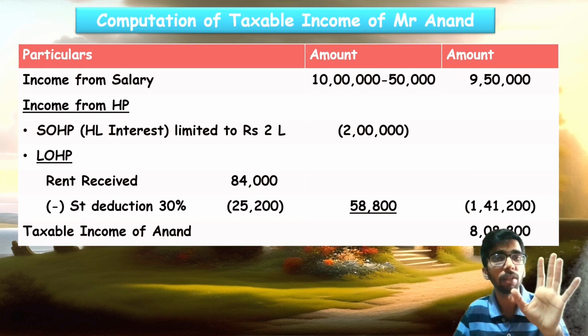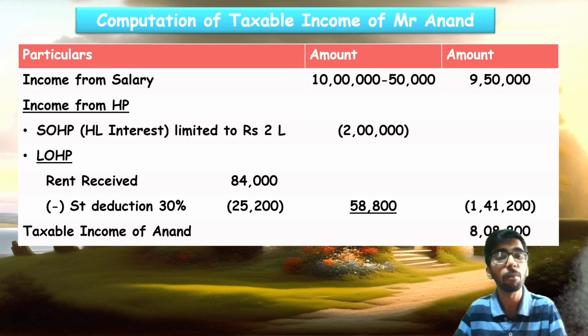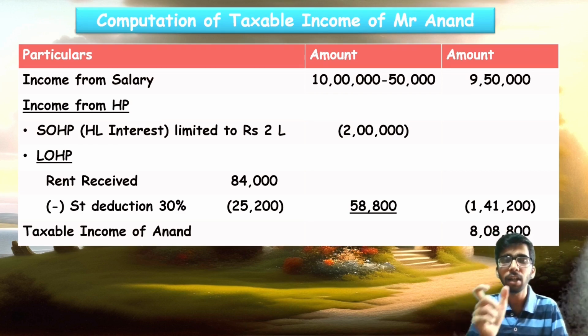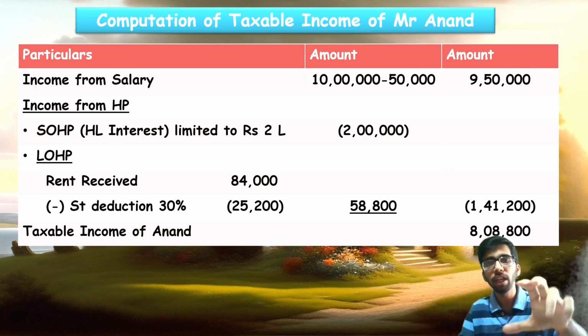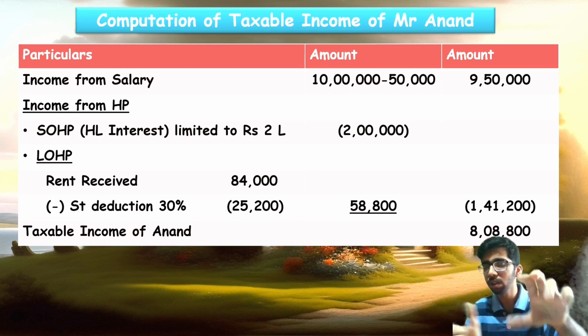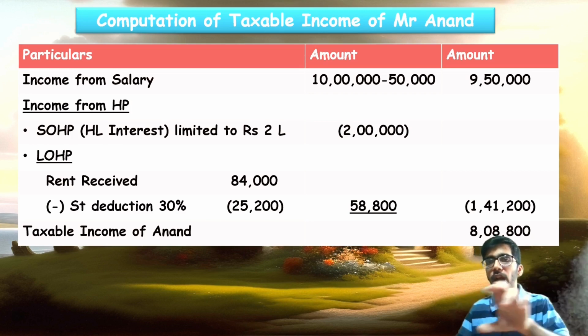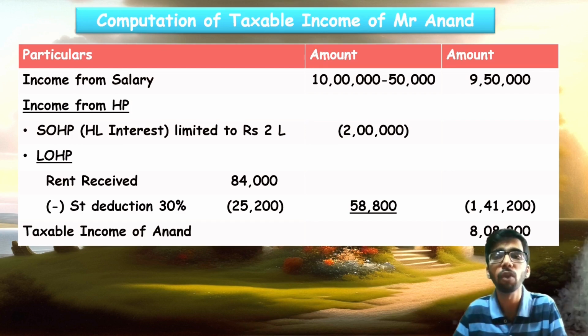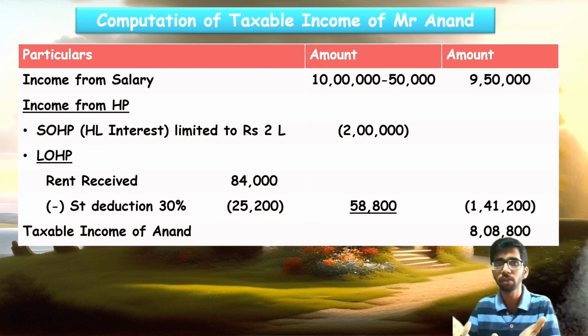Standard deduction of 30% on 84,000 will come to 25,200, and net let out house property income is 58,800. If you add those, the self-occupied house property loss and the let out house property income, that is a loss of 1,41,200.